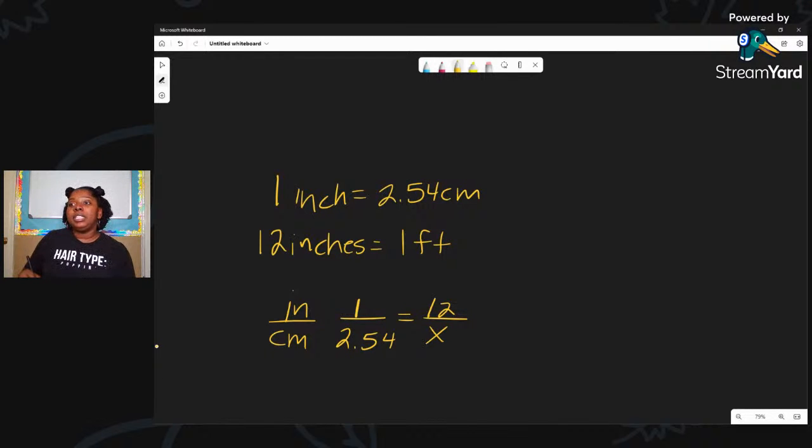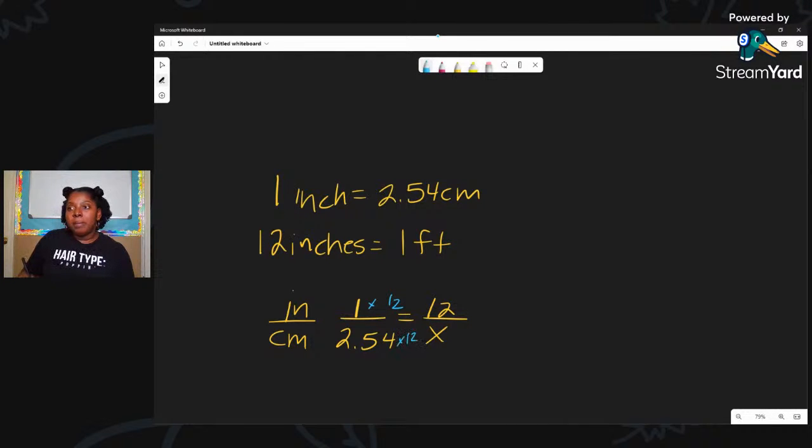So if 1 inch equals 2.54 centimeters, how many centimeters are in 12 inches? Okay. So to go from 1 to 12, we multiply by 12. And whatever we do on the top, we do on the bottom, right?